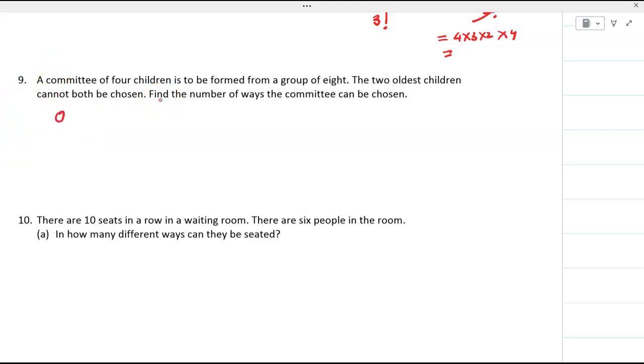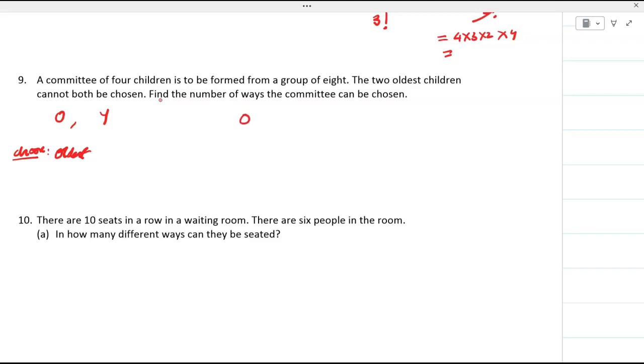So see, oldest, youngest. If you choose the oldest, how many possibilities would there be?